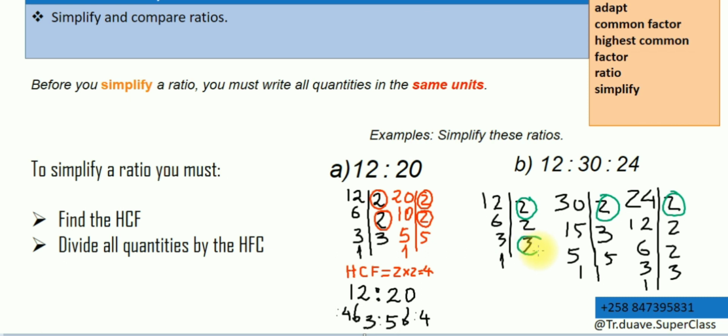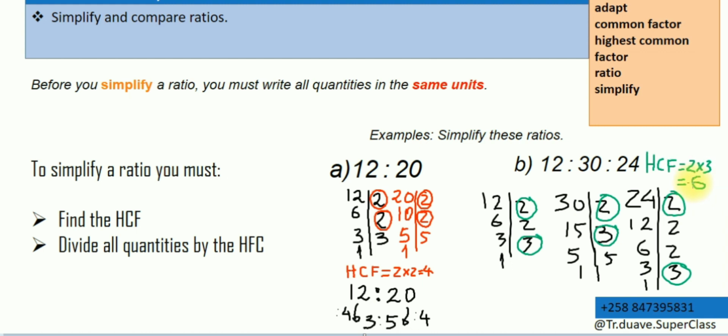So the highest common factor will be given by 2 multiplied by 3. 2 times 3. Okay? So it's going to be 6. So I have 6 as our highest common factor.